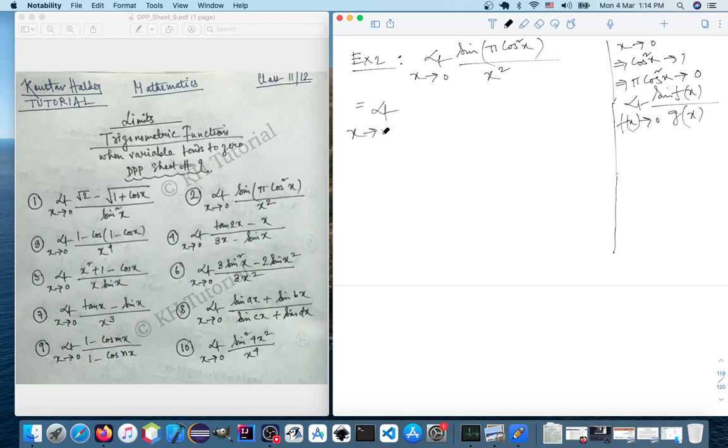Limit x tending to 0 of sine pi cos square x. We would like to have the same below, and then adjust this: since we have divided this, we have to multiply that also with the numerator, and we have x square.